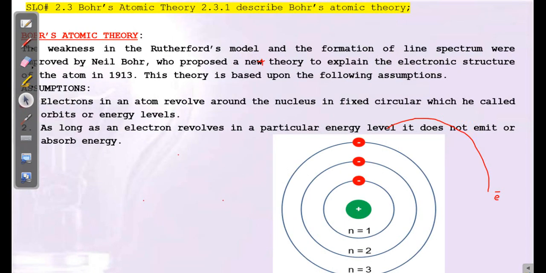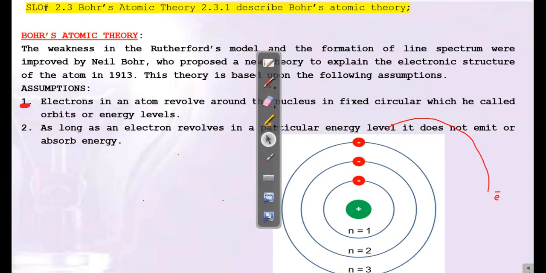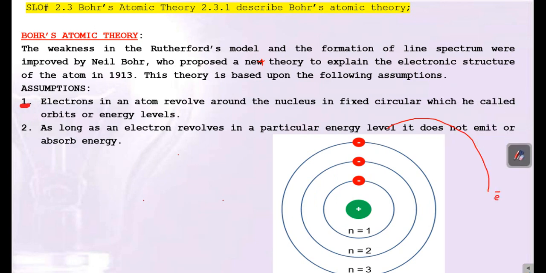The weaknesses in Rutherford's model and the line spectrum were improved by Niels Bohr, who proposed a new theory to explain the electronic structure of an atom in 1913. This theory is based upon the following assumptions.